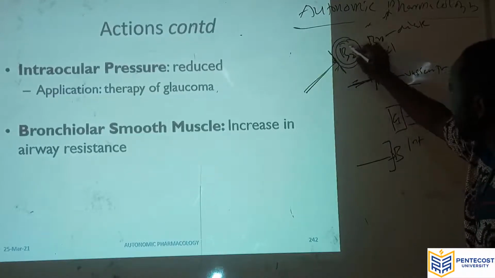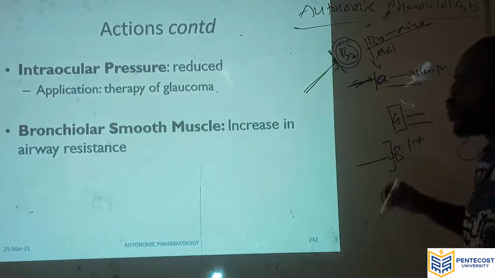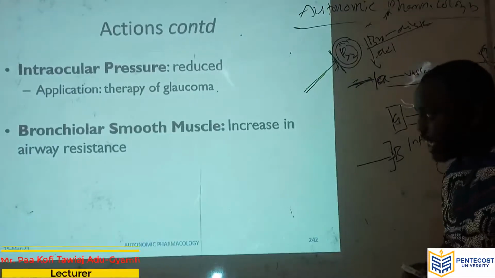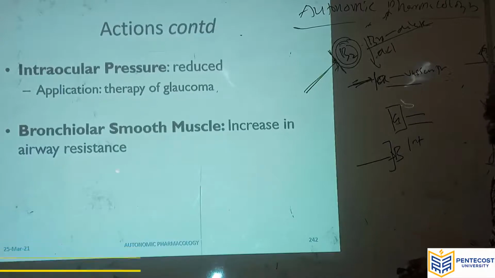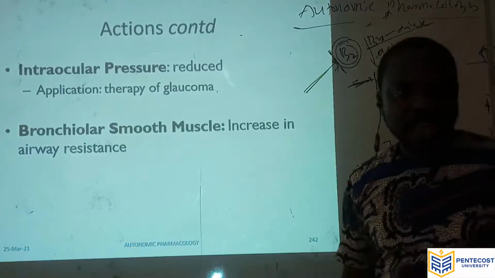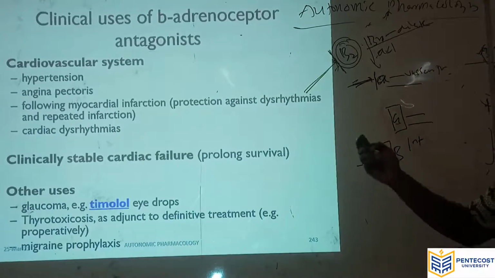When you activate them, your bronchioles will dilate, but when you block them, your bronchioles are going to constrict. So it is very dangerous to give a beta blocker to asthmatic patients because it can trigger an asthmatic attack. So these are some uses of beta agents.